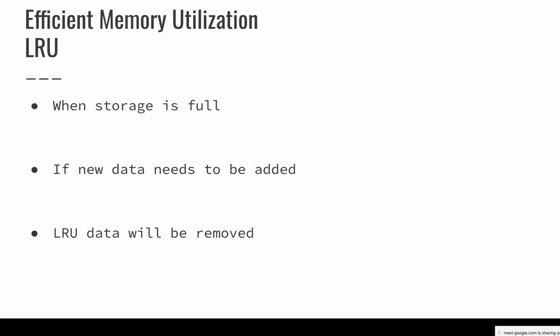For example, my profile was accessed on Monday, Manish's profile was accessed on, let's say, Tuesday, Vinu's profile on Wednesday, Bhupali's profile on Thursday, Neeraj's profile on Friday, and so on and so forth. Now, my profile was accessed on Monday and was not accessed any time after that. That means my profile is the least recently used profile.